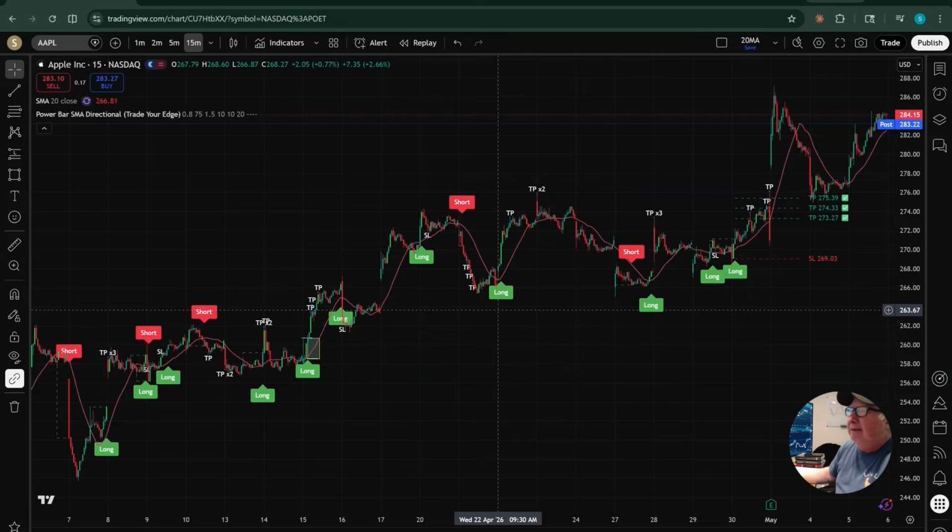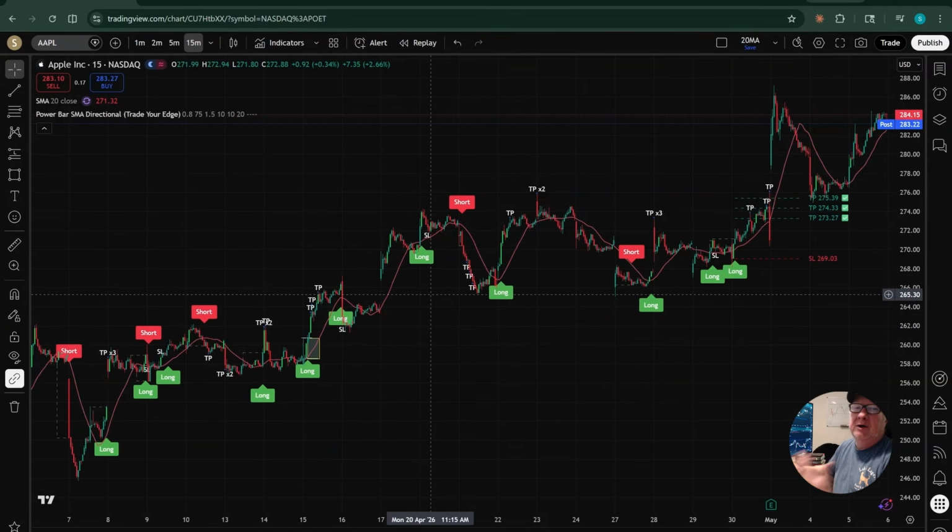So you get continuations like this, moves like this in these large stocks because big money is establishing positions and it takes time to do that. You can't do it on a 2-minute chart.